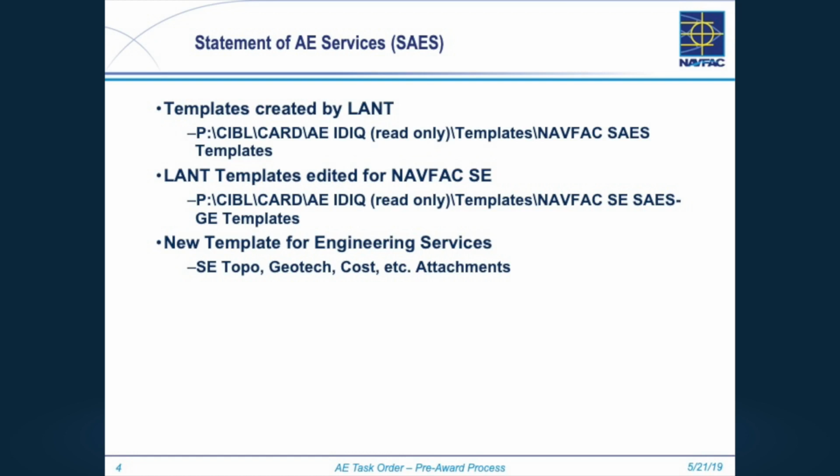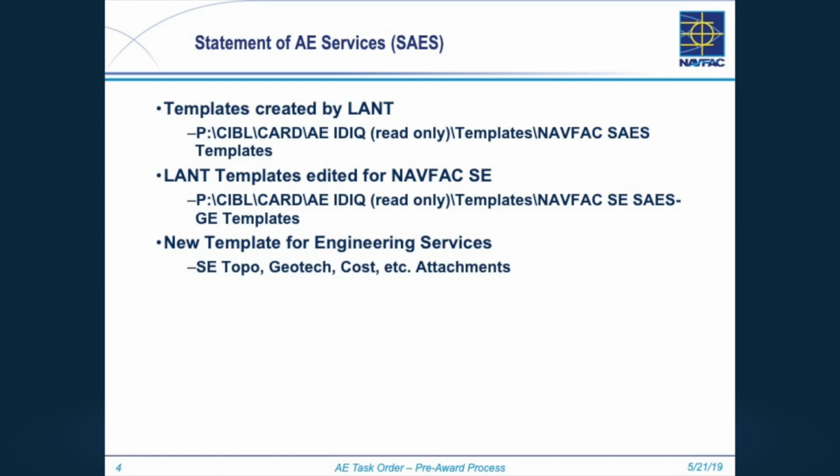At this point, these templates are designed for buying AE services when you're having them do an RFP or a full plans and specs. A lot of our actions are for support of in-house design, and we have our special site survey and geotech and cost estimating in our attachments, our NAVFAC attachments.